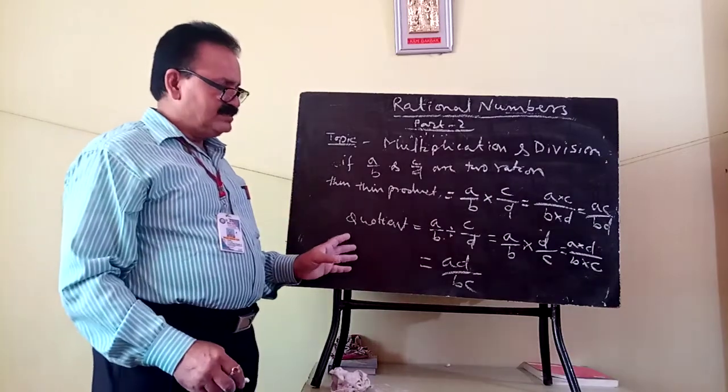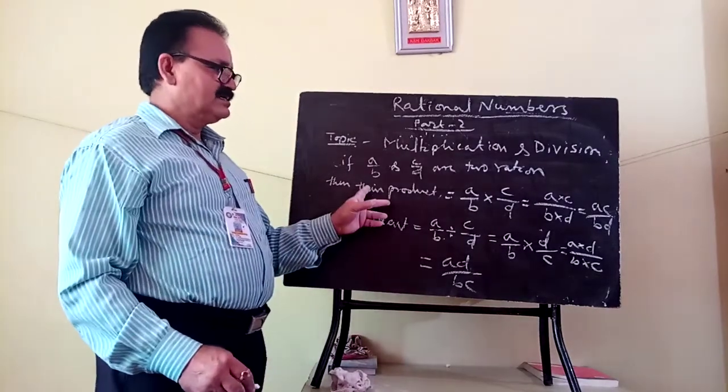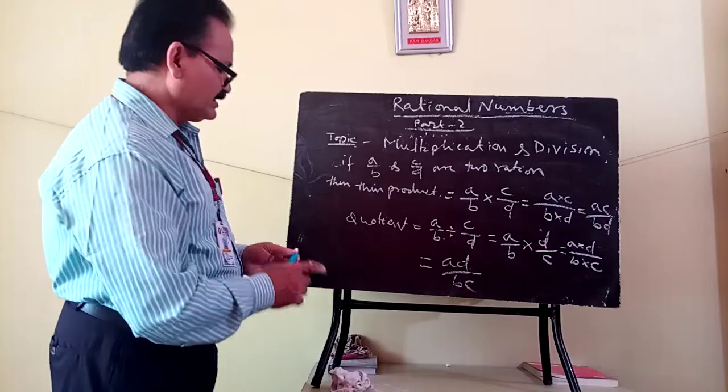This is about the division and this is about the multiplication of two rationals.